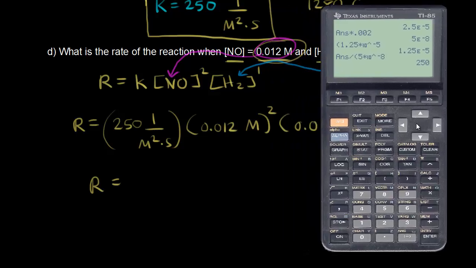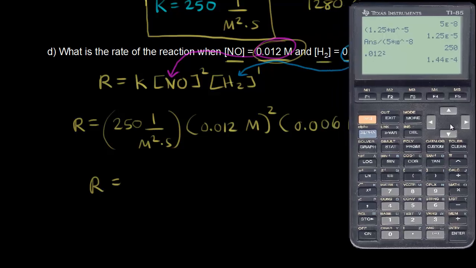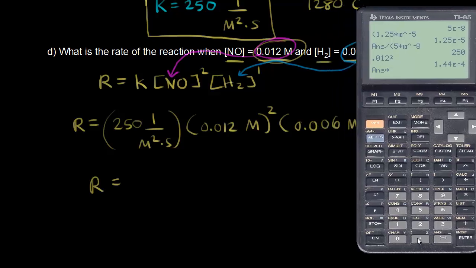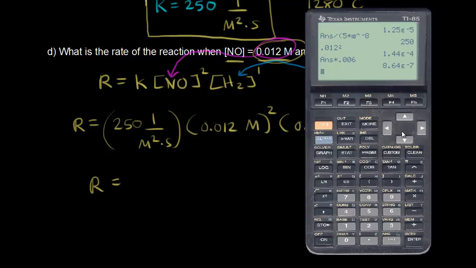So we have 0.012 squared, and we're going to multiply that by 0.006, and then we also need to multiply that by our rate constant K, so times 250. And this gives us our answer of 2.16 times 10 to the negative 4.